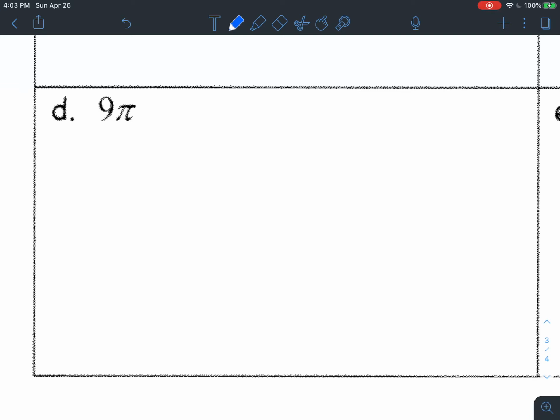So here, with 9 pi, all you have to do to find your coterminal angle, since it's in radians, is just add or subtract 2 pi. Now, since this is a pretty big number, relatively, I'm going to start by subtracting 2 pi. So one option for a positive coterminal is 7 pi. But then I have to keep going until I hit a negative coterminal angle.